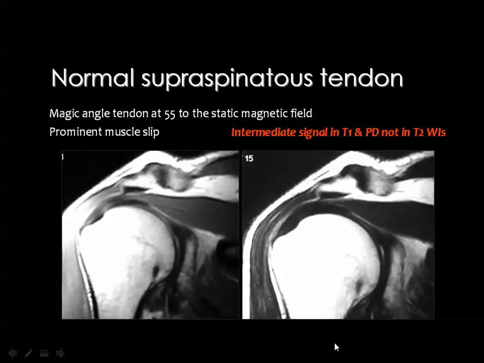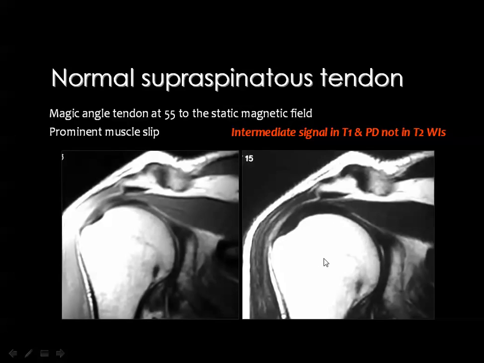Then we have the abnormalities in the tendon, and the first is the detection of an intermediate signal within the tendon substance which is not seen in T2 weighted images, and this is considered normal. You may, on examination of the shoulder, identify, and this is a frequent finding of course, intermediate signals within the supraspinatus tendon, but in the T2 weighted images you can notice that the tendon is normal.